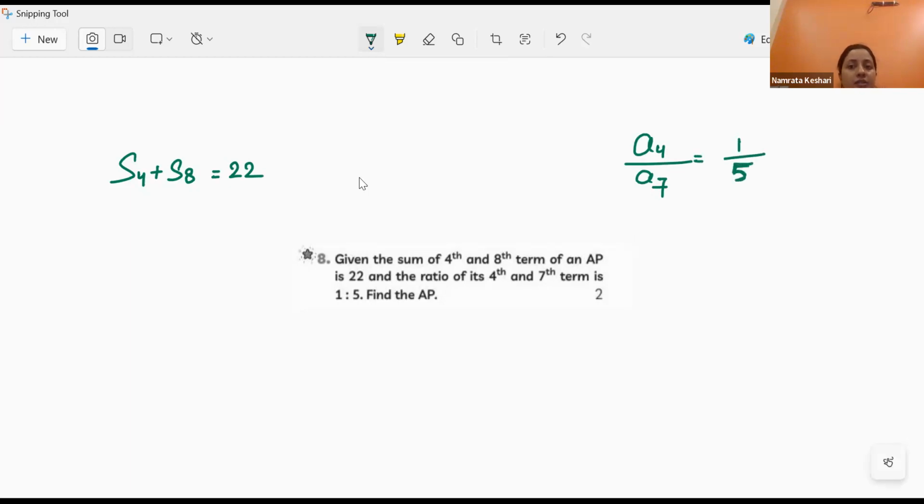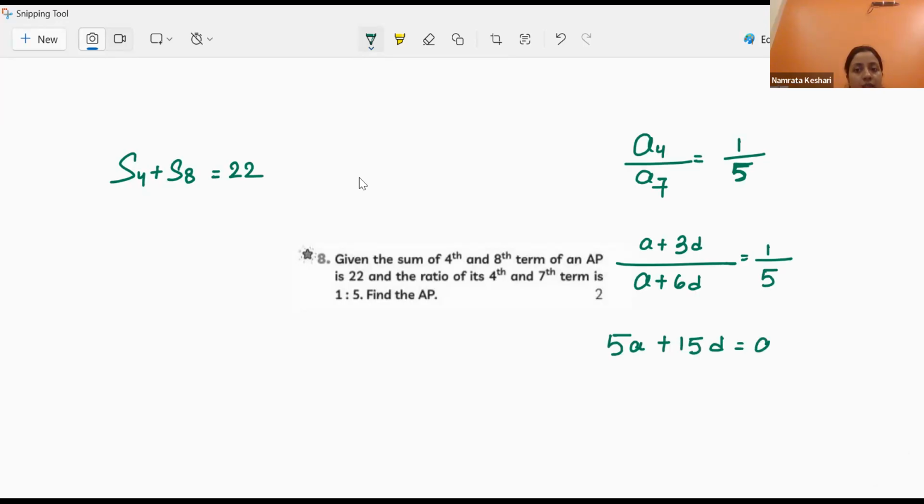That means the fourth term is a plus n minus 1 into d, that is 3d, and the 7th term is a plus n minus 1 into d, that is this one. Now we will take 5 to this side, we'll be having 5a plus 15d equals a plus 6d.